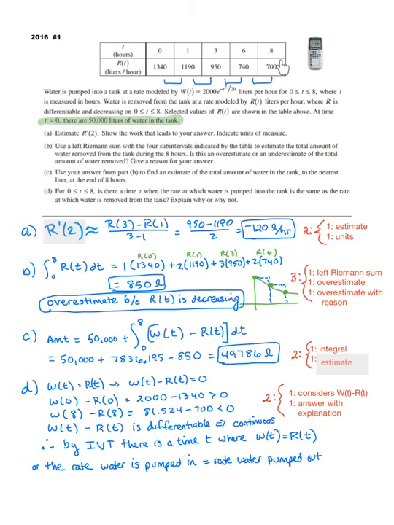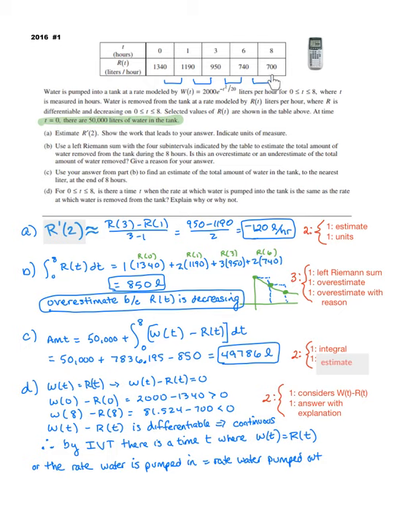We know R of 8 is 700, and we know that W of 8 is 81.524. And how do we know that? Well, we punch that in our calculator. Why did I choose 8?